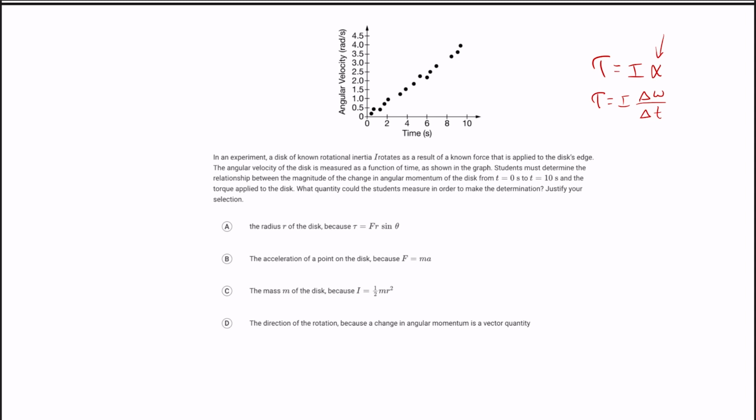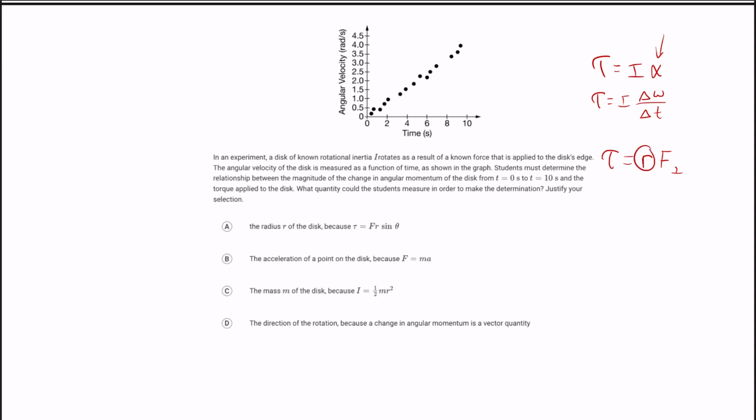But in order to compare the increasing omega with torque, we'll have to calculate torque in some way that has no respect to angular velocity. And we have an expression for that. That's going to be RF. We know what F is, since the problem statement tells us.